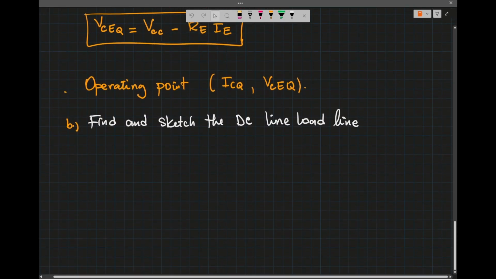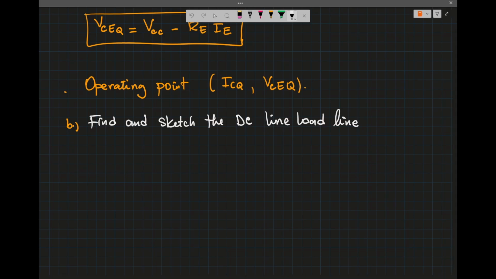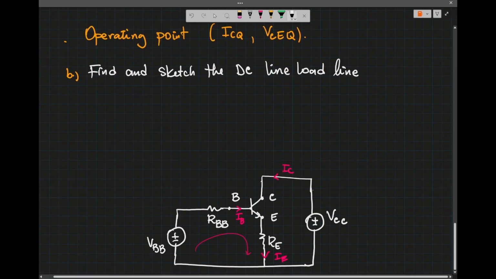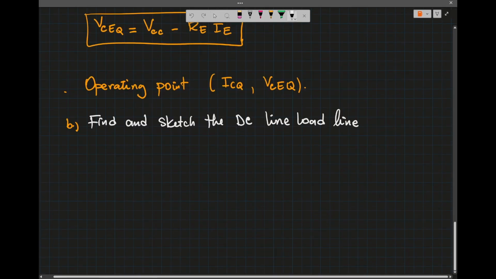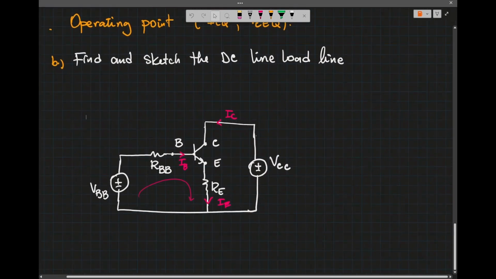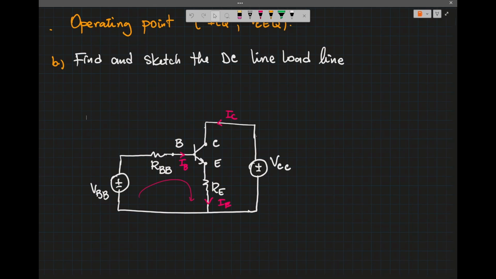So to find the DC load line, I'm still going to paste the network here. Now, to find the DC load line, we have to find IC as a function of VCE.